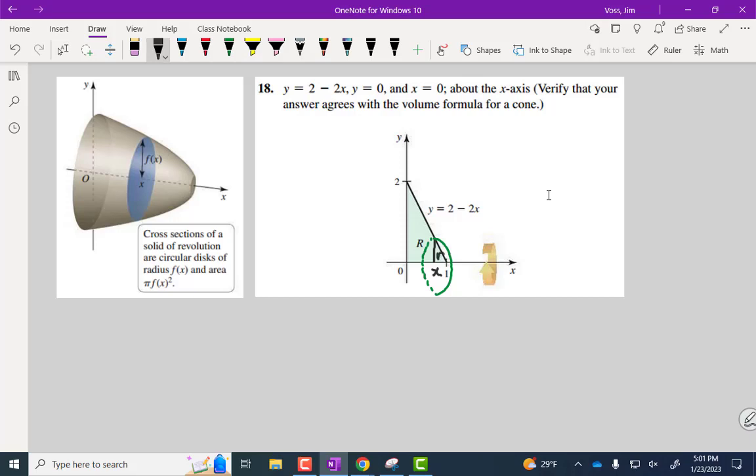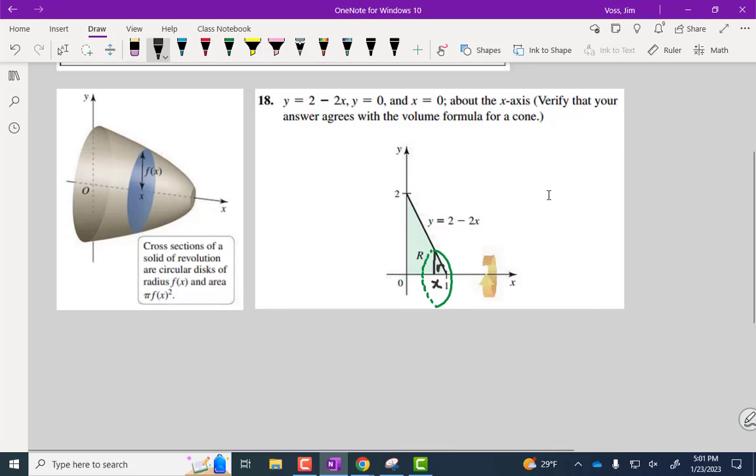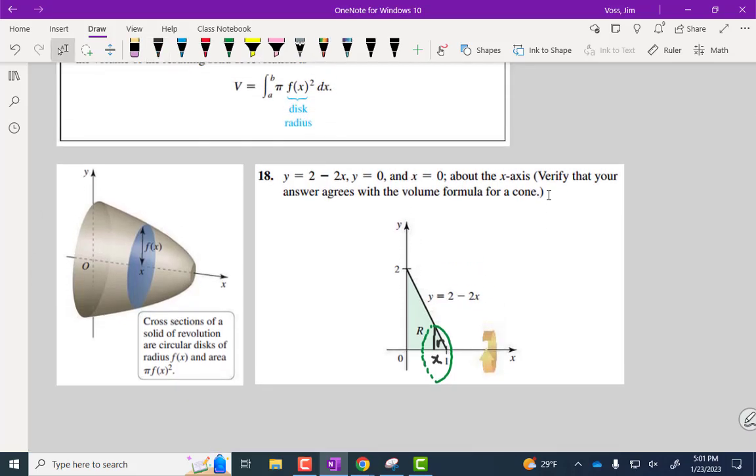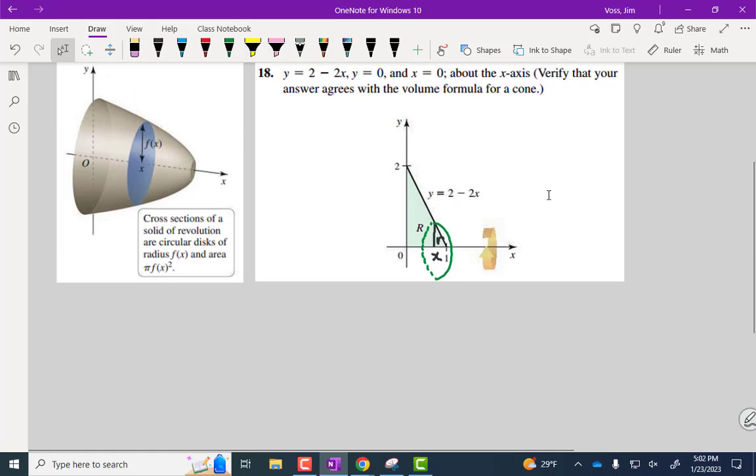The radius is the function, and that's what they're showing in this formula. Pi r squared, and r is given by the function. So in this case, our volume will be pi times the radius squared. The radius is given by the function 2 minus 2x. So that is our setup.